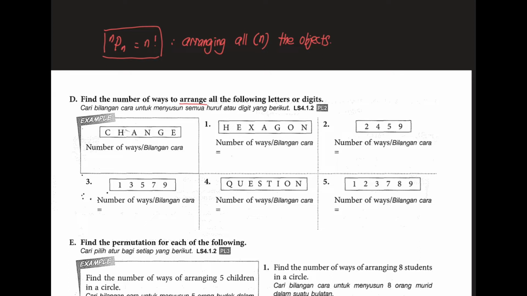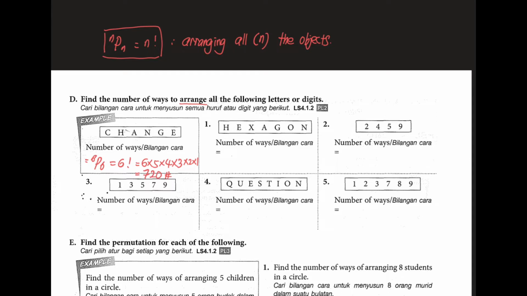Then you count 6, 5, 4, 3, 2, 1, multiply them. Okay, I check with calculator. 6 factorial is 720. There are 720 ways to arrange CHANGE in different kinds of arrangement.